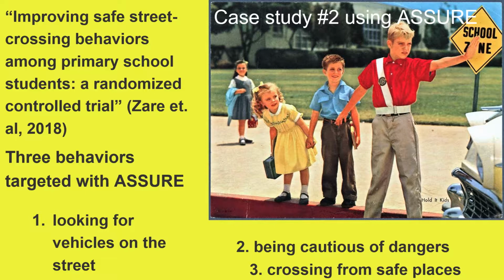The results of the study showed positive increases in participant awareness of safe and unsafe practices. The study highlights the flexibility of the ASSURE method and proves that it is effective regardless of age, gender, or nationality.